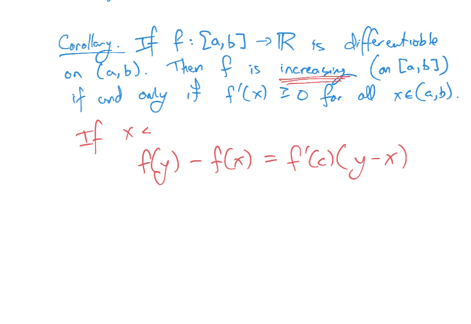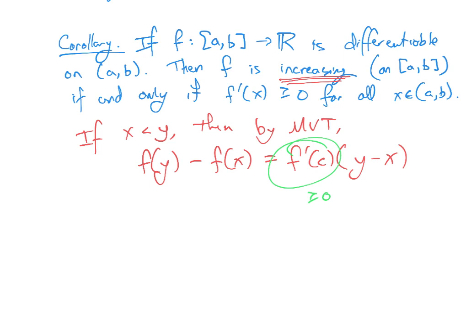This is one direction. If x is less than y, then by the mean value theorem, f of y minus f of x is a derivative at some point in the middle times y minus x. Well, that derivative has to be positive, because that's our hypothesis.